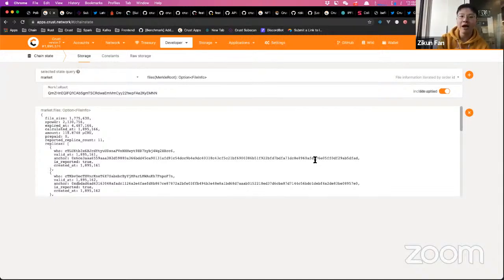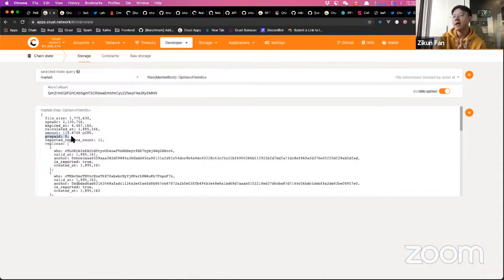The second one I've already shown to you is pretty cheap. You can just ignore the storage cost while using Crust to store your IPFS file. The next one is we have a mechanism called the renew pool.